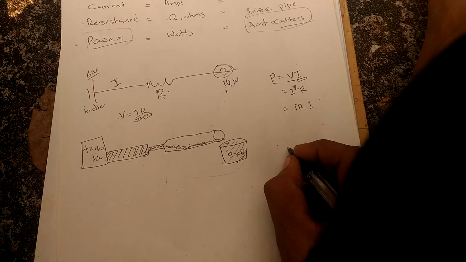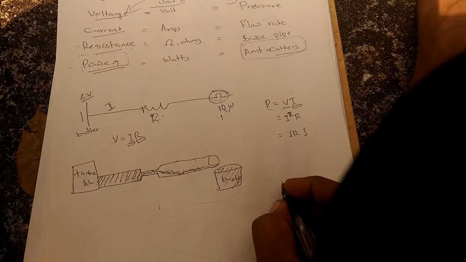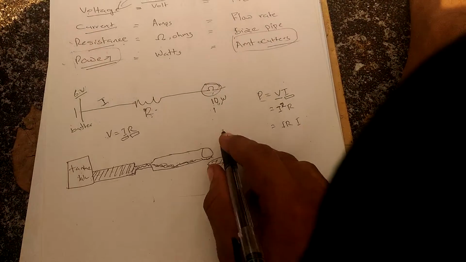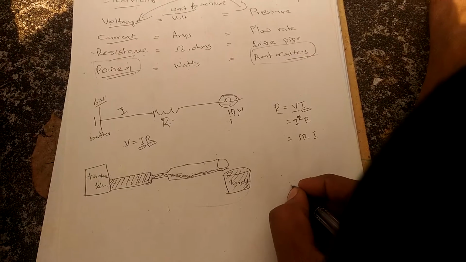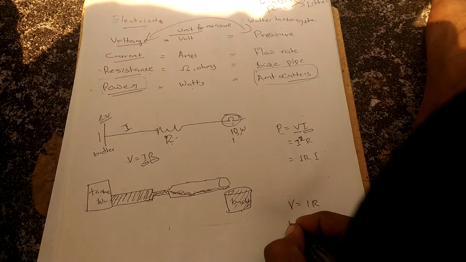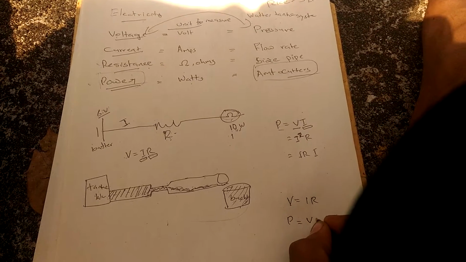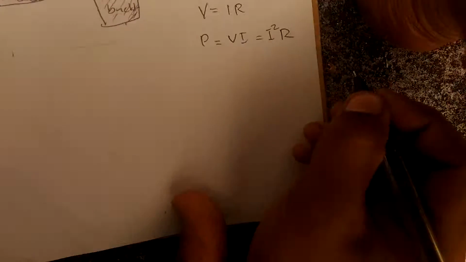What we learned today is voltage, current, resistance and power. The very basic equations we used in this are V = IR and P = VI or I squared R.